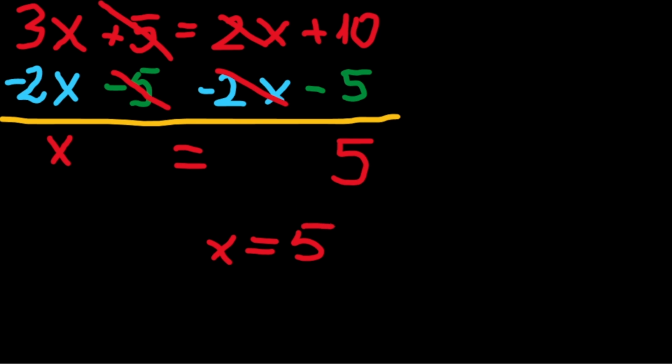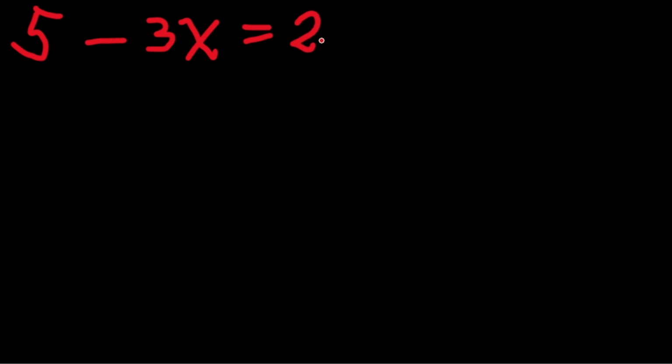Let's move on. Let's have another example. Let's say we have 5 minus 3x equals 2x minus 10. Okay, let's put x's with x's and numbers with numbers.